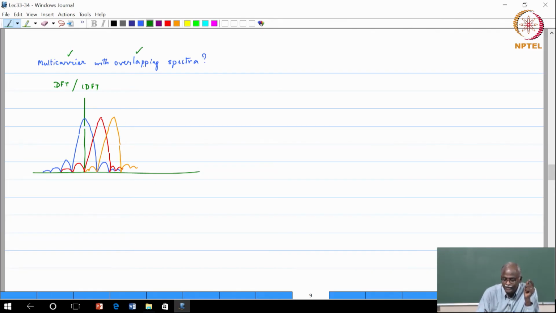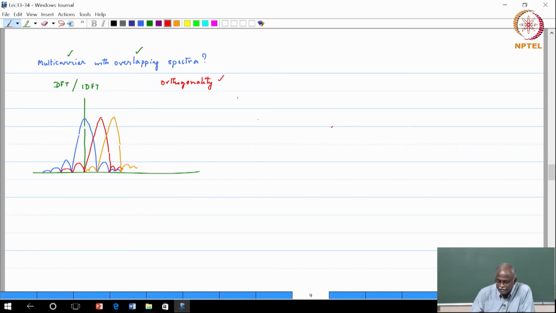Yes. Do they overlap? Yes, they also maintain orthogonality. So the notion of overlapping carriers, maintaining orthogonality and working as a multi-carrier system is actually not new at all, especially if we view this in the context of the multi-rate interpretation that we have come up with. So orthogonality is also satisfied.